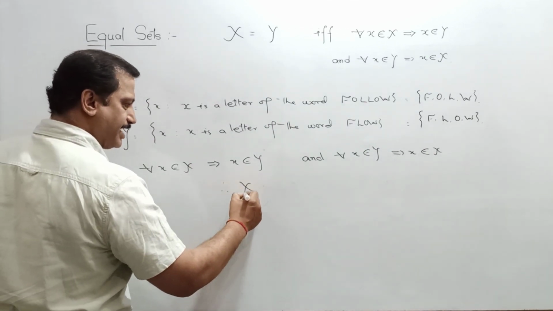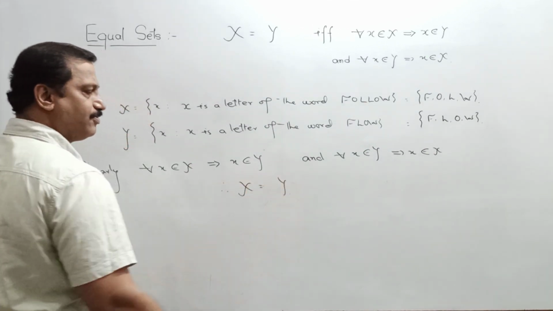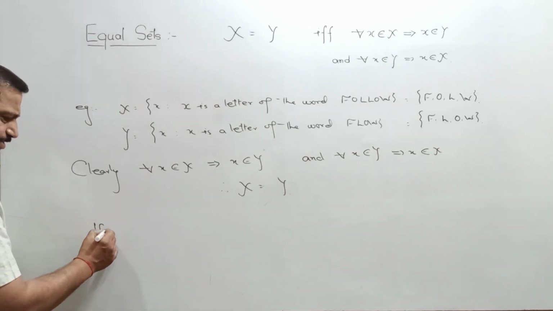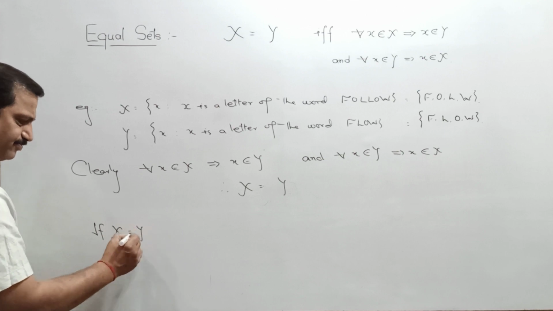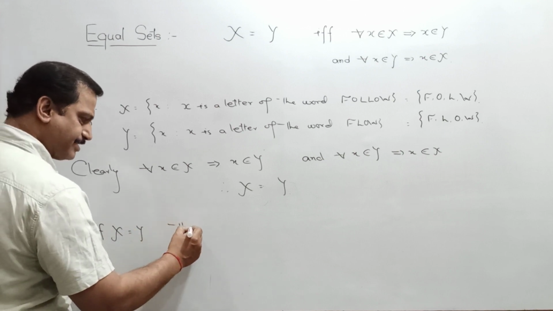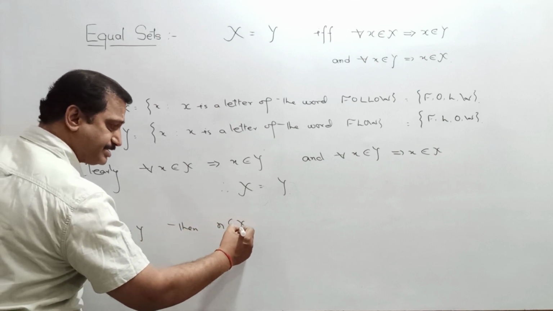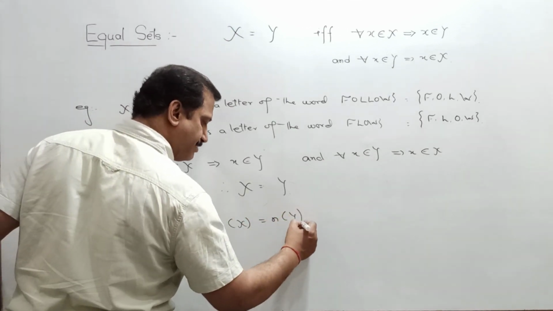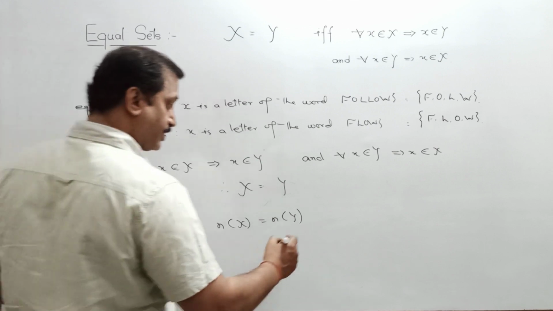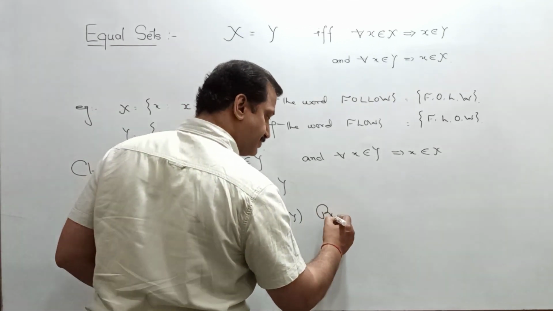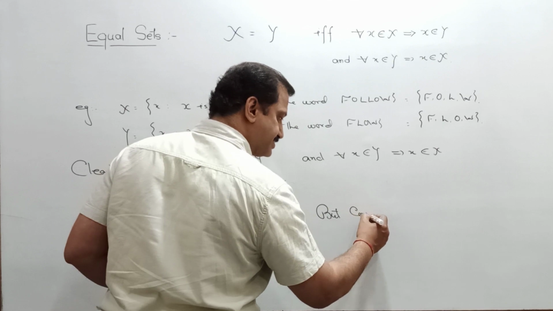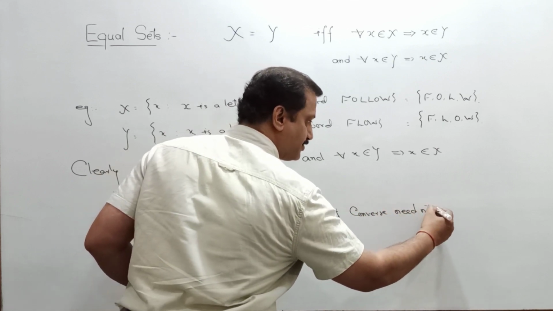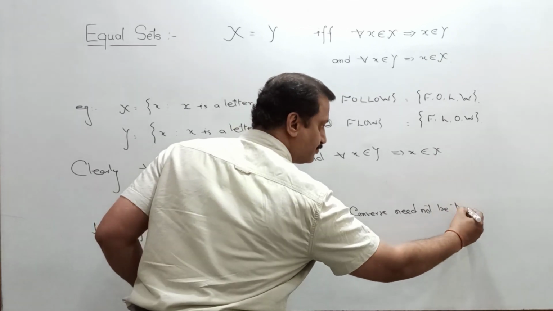Therefore, X will be equal to Y. Now, if X is equal to Y, then number of elements in X will be equal to number of elements in Y. But converse need not be true.